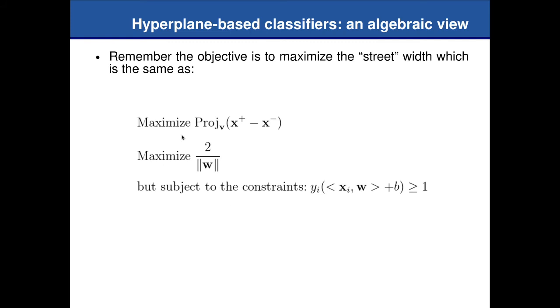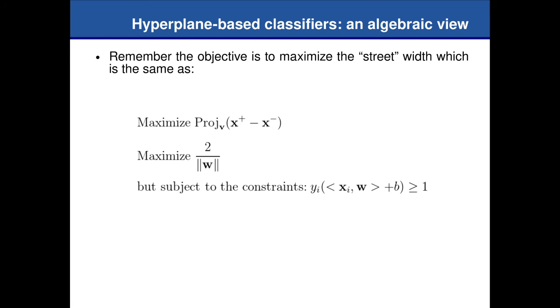So the support vector machine looks for the maximization of this projection. By maximizing this projection, we maximize the margin. We increase the distance from the hyperplane to the closest point on the positive side, and from the hyperplane to the closest point on the negative side.